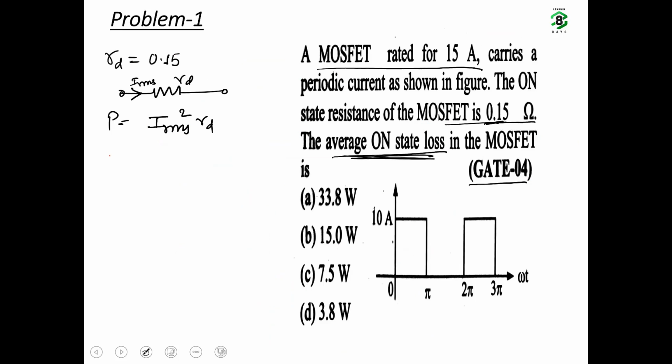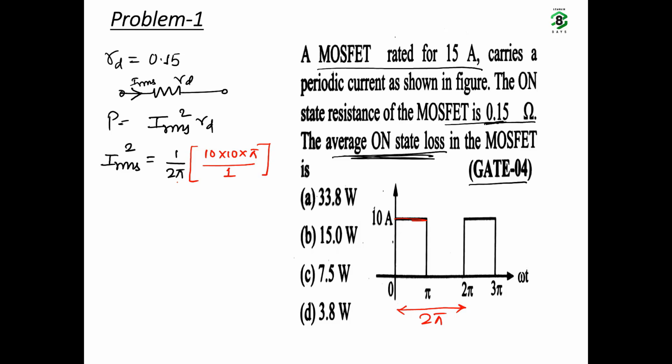Here we have to calculate I RMS square. The time period of the current waveform is 2 pi, so 1 by 2 pi, then square the value: 10 into 10 into area pi. RMS value means square the waveform, calculate the area and divide by the total time period.